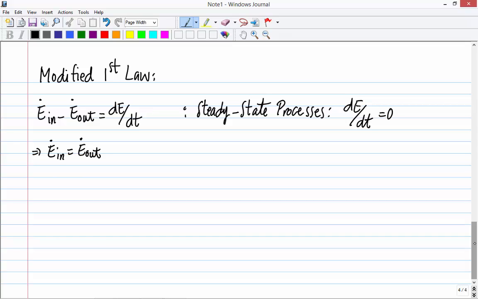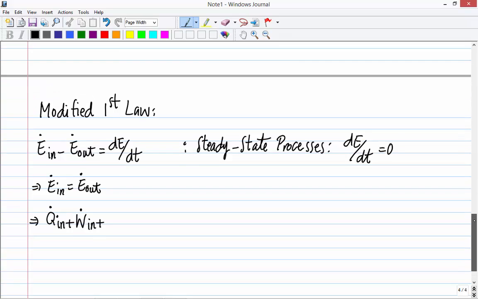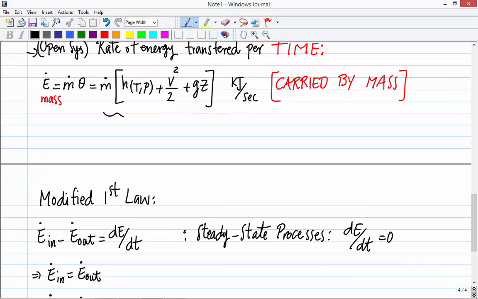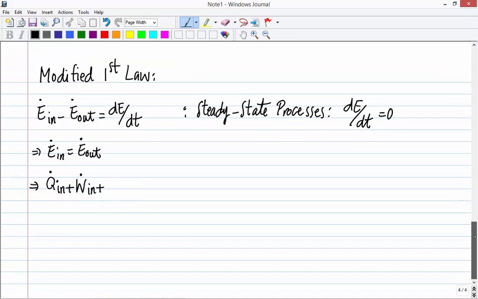So E dot in would be Q dot in plus work, W dot in, plus now the mass part. This is the mass part.